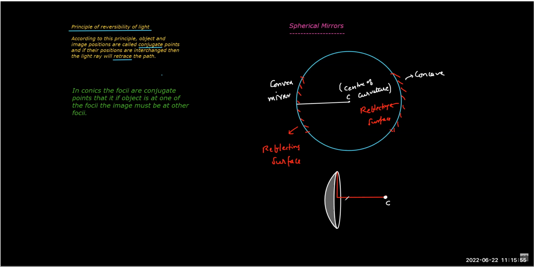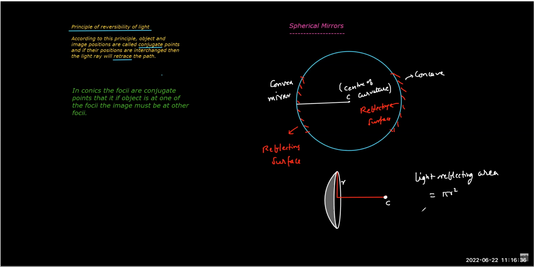Now, what is interesting to understand here is the light reflecting area. You can see the light can enter through this circle of radius r. Let's call this radius r. So what is the area up to which the light can enter? The light reflecting area is equal to pi r square.